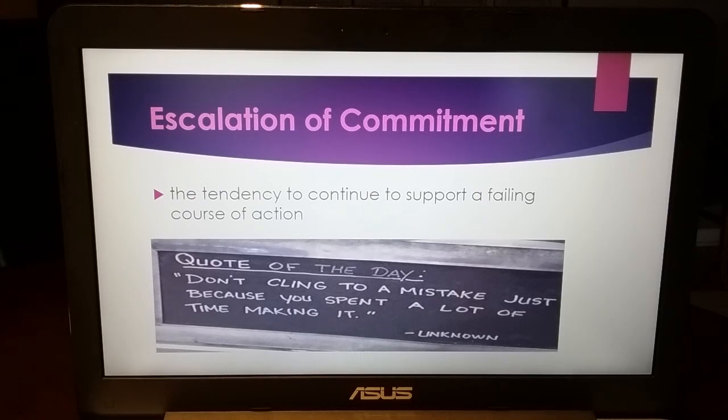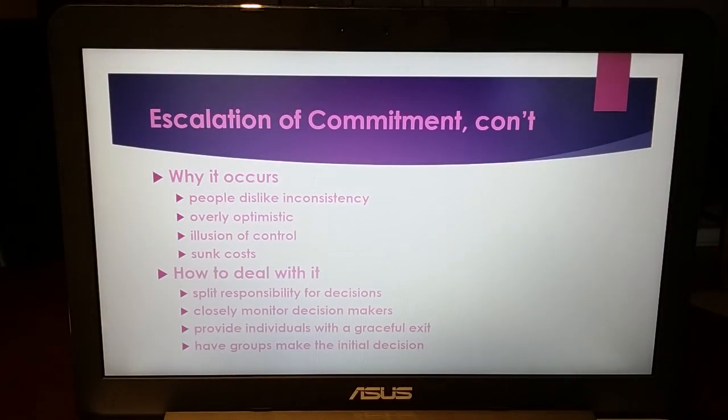So escalation of commitment is hanging on to that and still doing that, even though it's probably a really bad idea and not necessarily a good business decision. But because of some other issues, you don't want to let go.